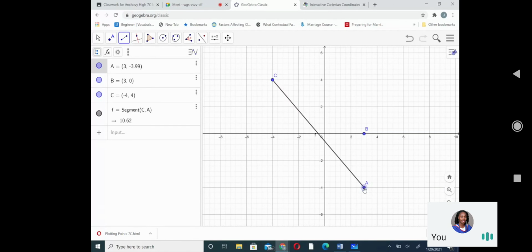Oh man, these things are tricky. Forgive me for the accuracy, guys. All right, there we go. So we have plotted our triangle.